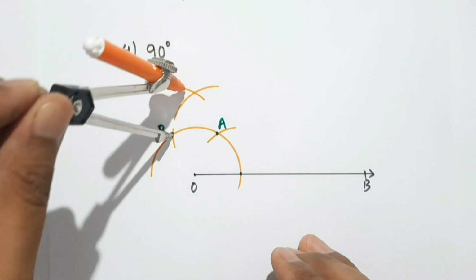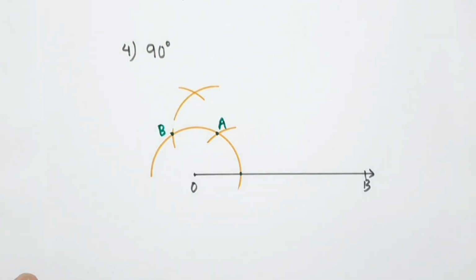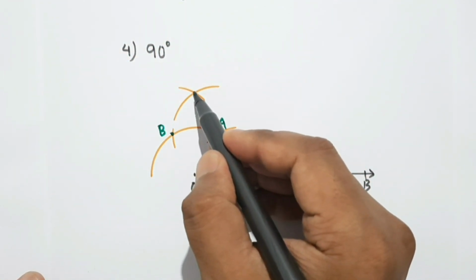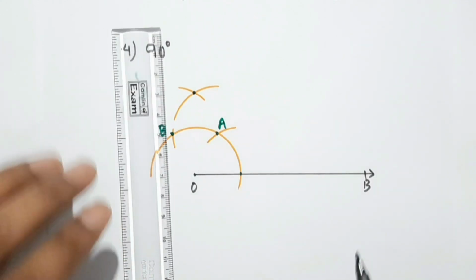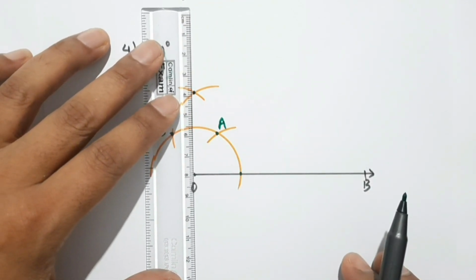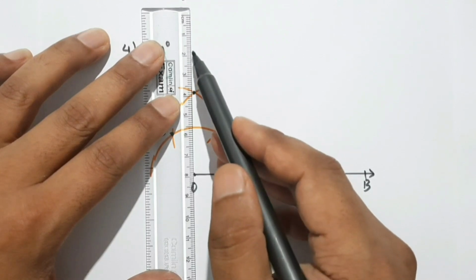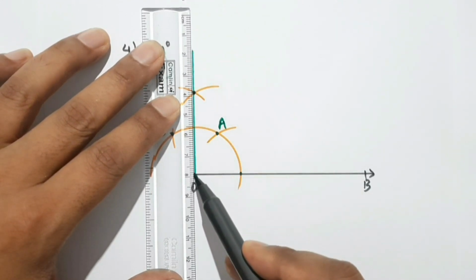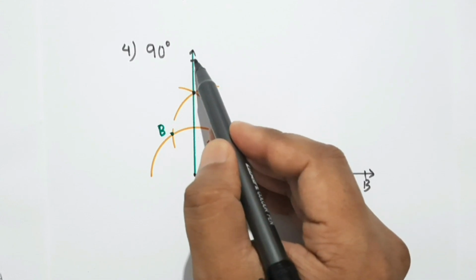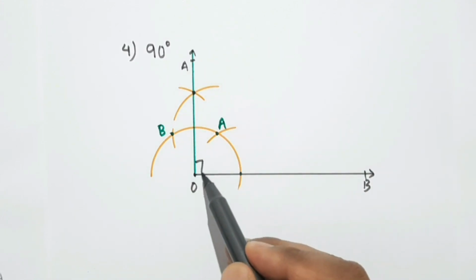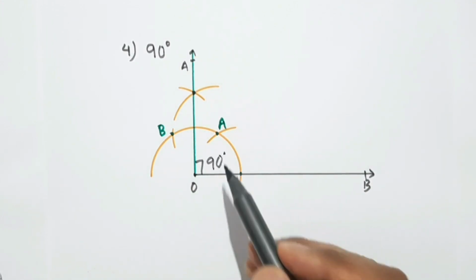Now through this point, if you draw a ray from O passing through this point, then we will get our 90-degree angle. So this angle is our 90-degree angle.